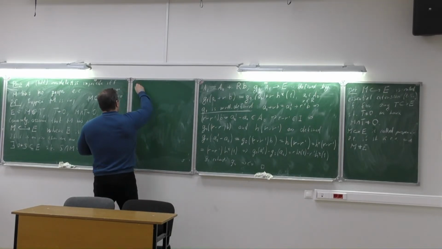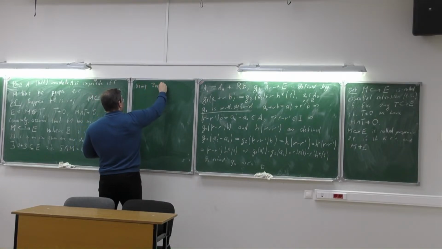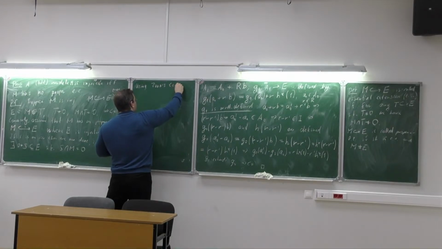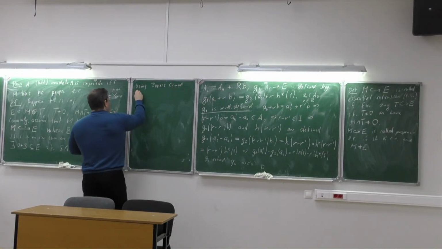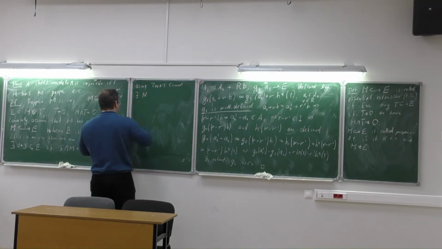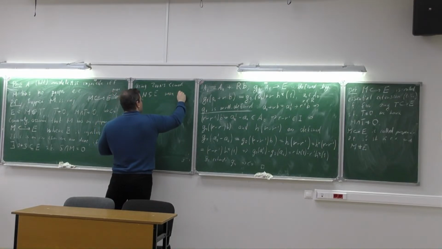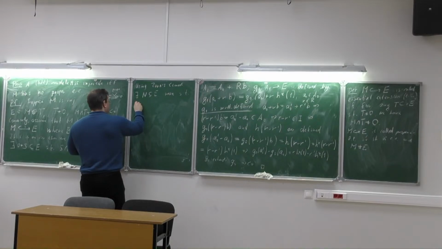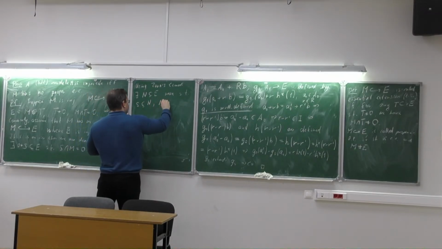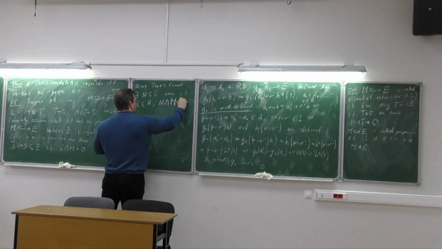Okay, now again, I'm using Zorn's lemma to find a module N inside E, maximal with the conditions, such that S is contained in N and the intersection of N and M is 0.